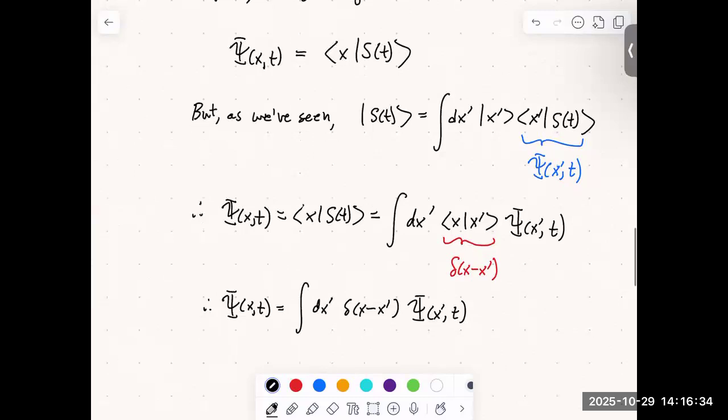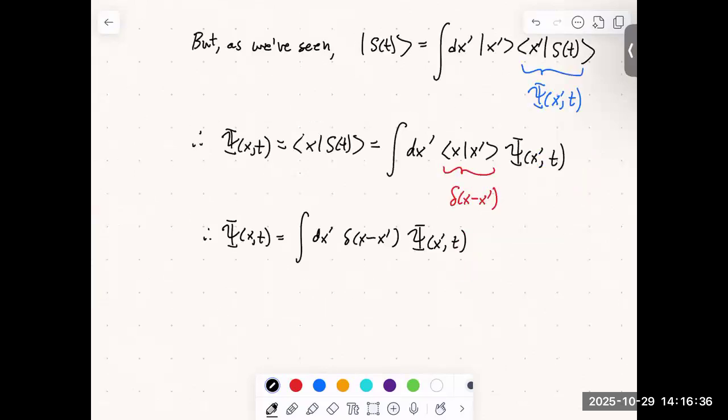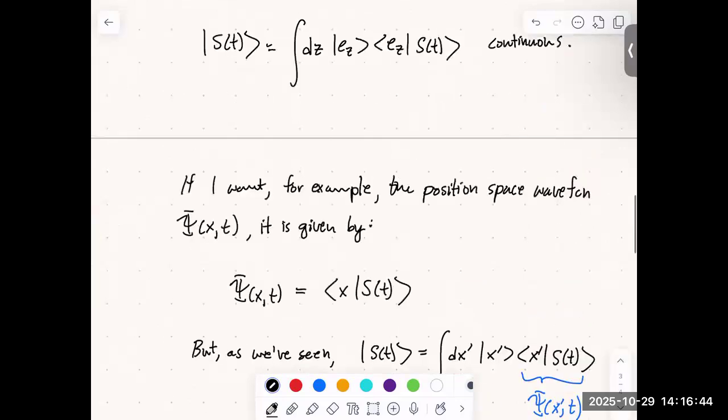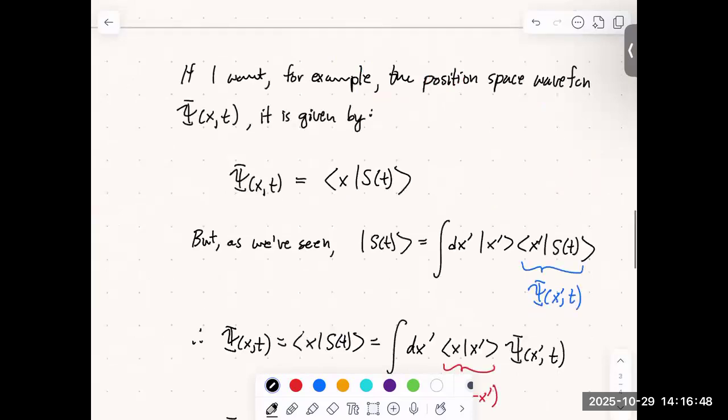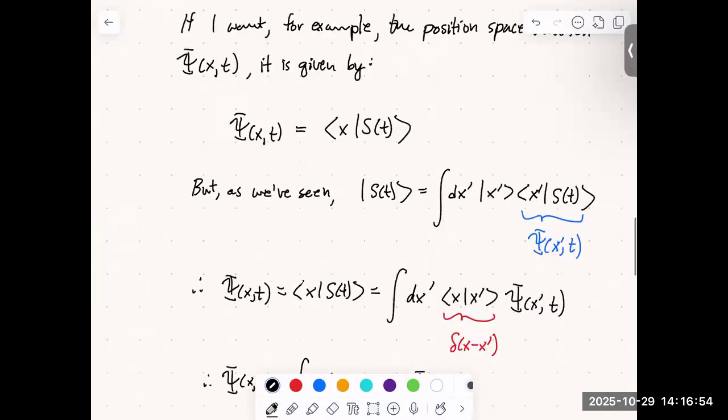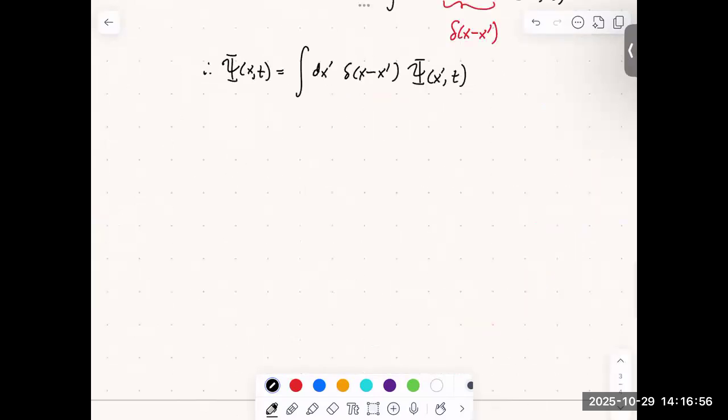Okay, now that's fine, but I didn't have to choose to expand my system in terms of x eigenstates. I could have made a different choice.